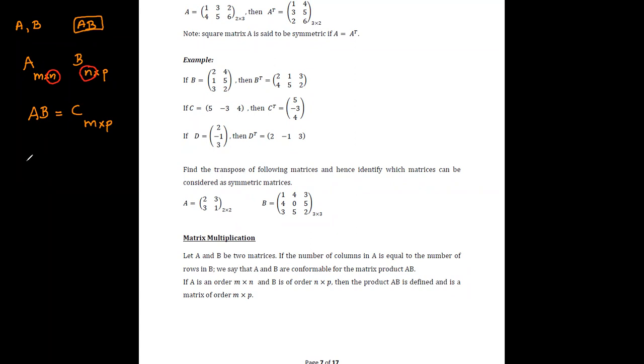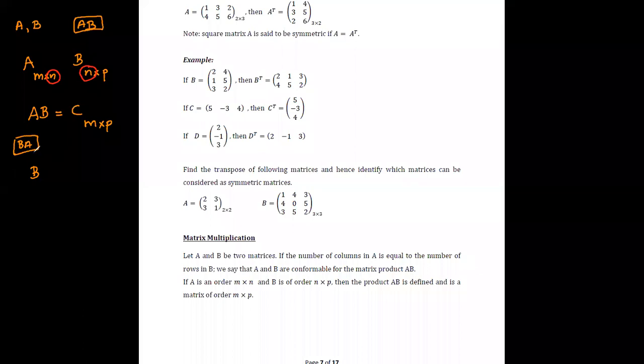But if you perform this calculation the other way around, suppose A and B are given as above, but you are asked whether it is possible to obtain the matrix product BA. In this form, B would be n times p and A would be m times n.